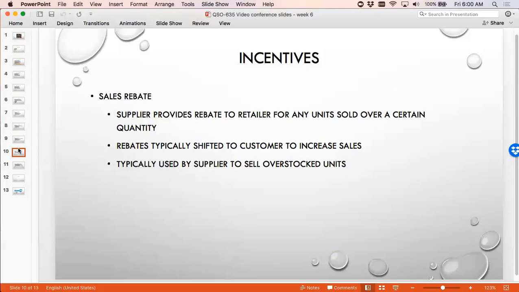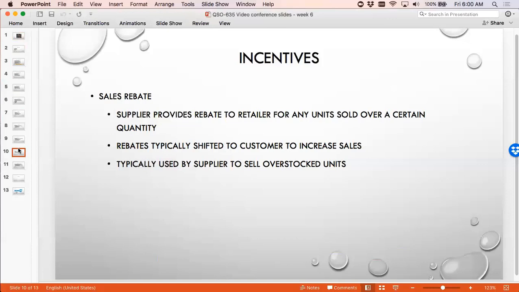And this is, like it says here, typically used by the supplier to sell overstocked units. So this is when the supplier goes, wow, we got a lot of stuff here. We're going to go to all our buyers. And this is where the distributors come in. They say, hey, look, we have other manufacturers with a lot of product. They may see one of their buyers just begging for stock because they may be in an area where there's high demand.